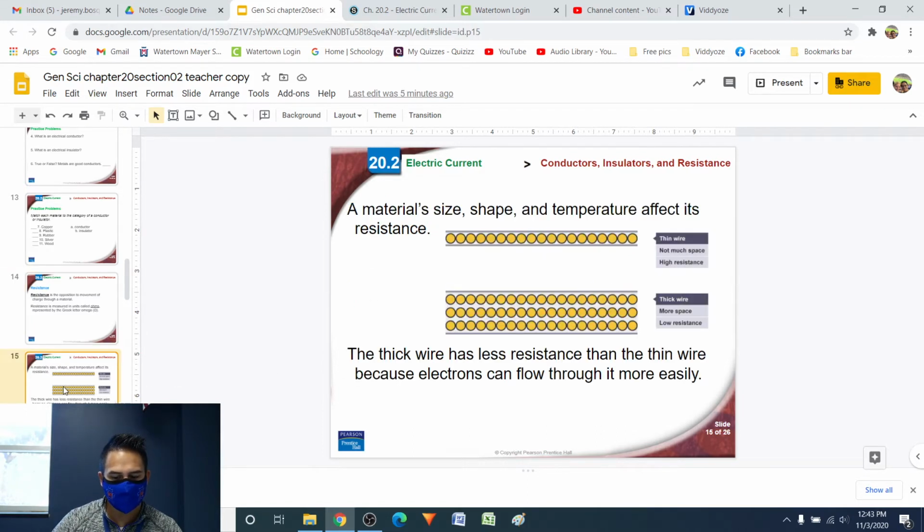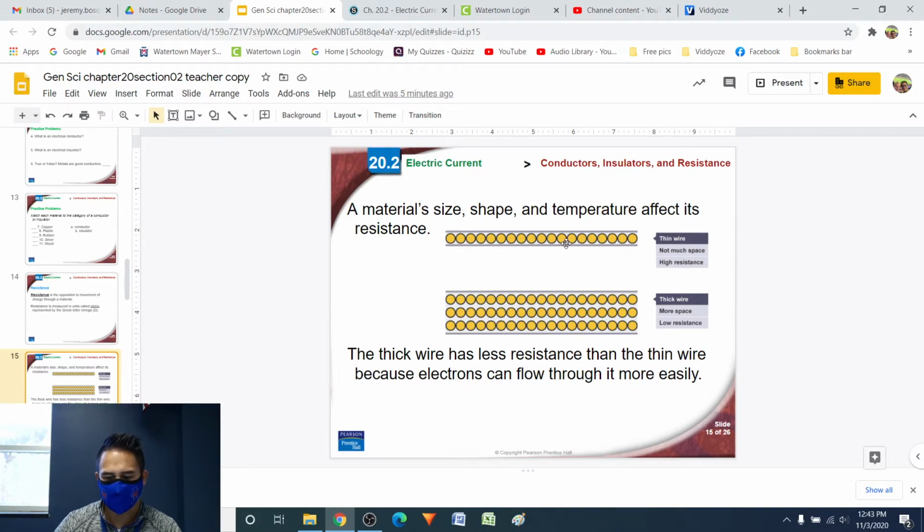Now, there are a couple of different ways that we can change the resistance of a material. The size of the material in terms of its length, the shape of the material in terms of how wide it is, and its temperature will all affect the resistance. So let's take a look at two examples, and this is probably best if we imagine that these are roads.